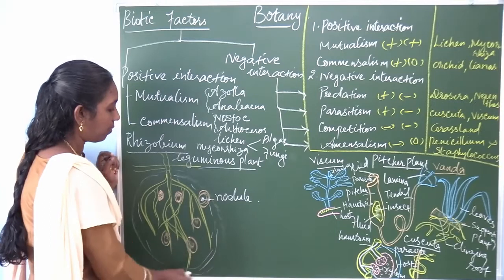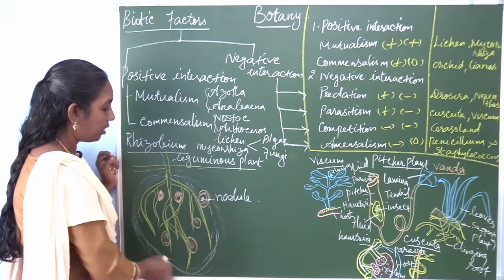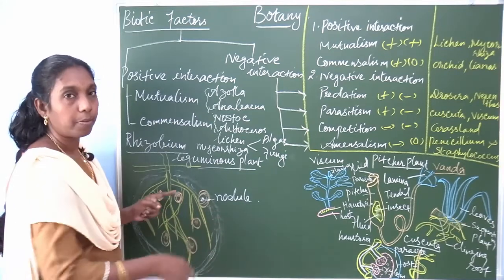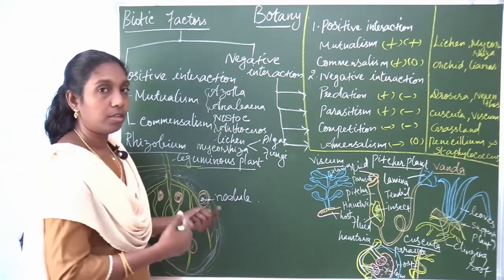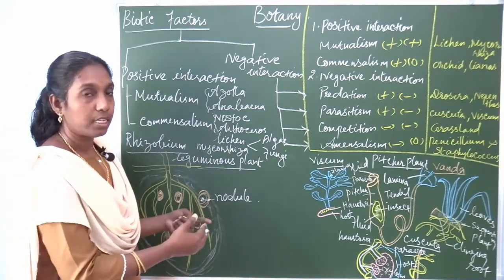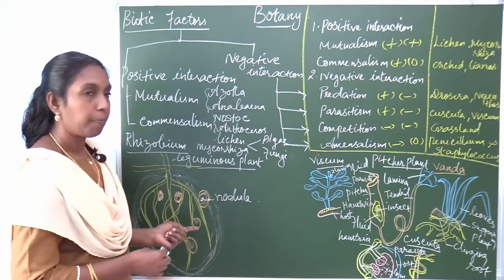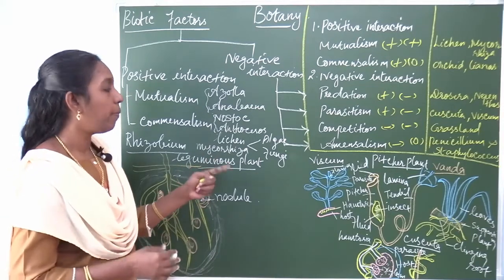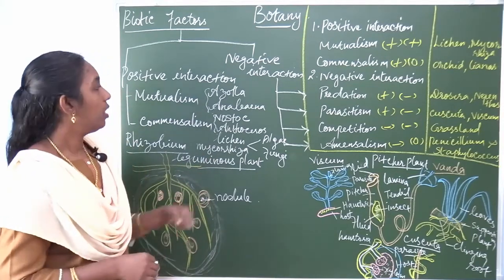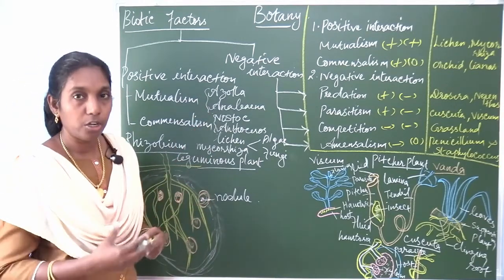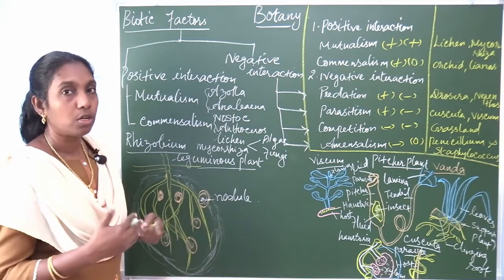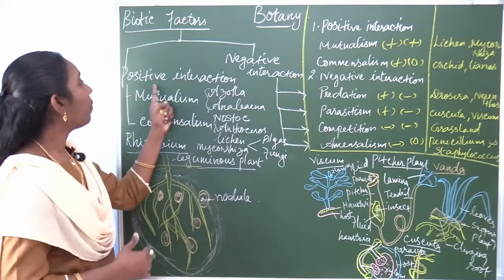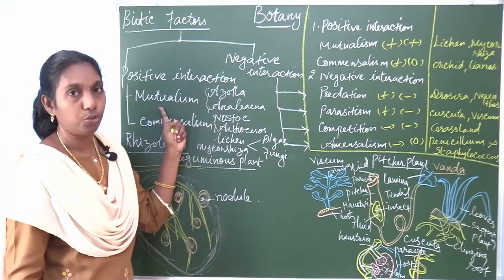This fungus degrades materials rich in humus and supplies food to the root, and the root gives shelter to the fungus. So both are mutually benefited, and this is called mycorrhiza. Then Anabaena in the coralloid roots of gymnosperms also gets shelter. So these examples you write for positive interaction, mutualism.